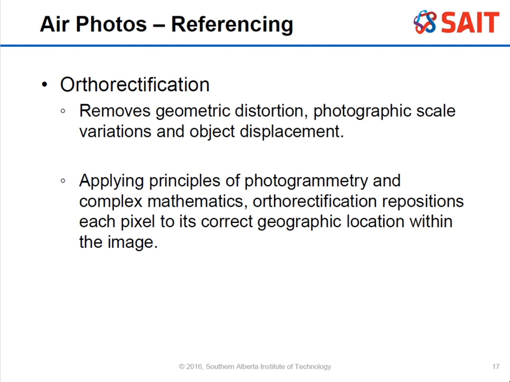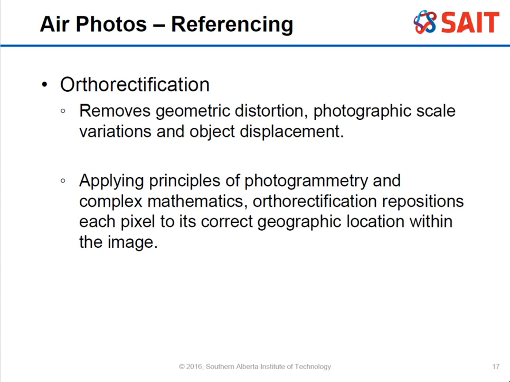So there is a lot more to it, as you can imagine. Photogrammetry is, for example, a 4-month course in geomatics. And so it really gets down into the details of that. There's a lot of complex math. And then orthorectification repositions each pixel to correct for the geographic location.